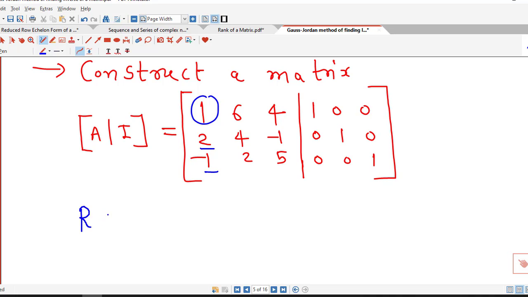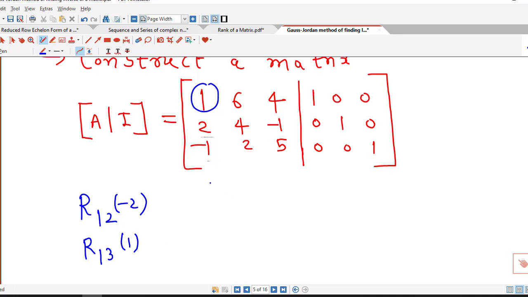The required operations are: we multiply the first row by -2 and add it to the second row to make this 0. Similarly, we multiply the first row by 1 and add it here to make this 0. So the second and third rows will change. We write the first row as it is. We multiply the first row by -2 and add it to the second row.